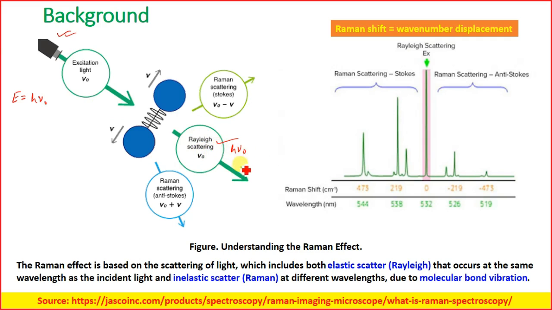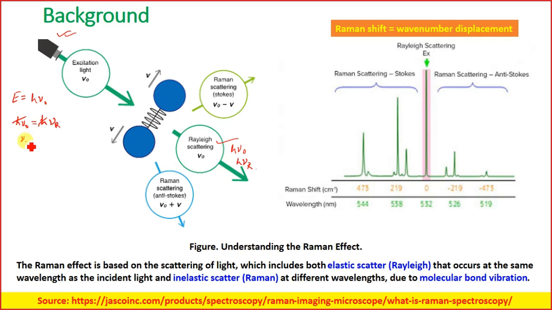So if we say that this incident photon is h mu r, then in the case of Rayleigh scattering, we have h mu 0 equal to h mu r, which is the Rayleigh scattering, and this h cancels out.